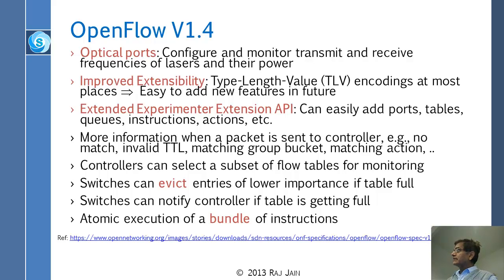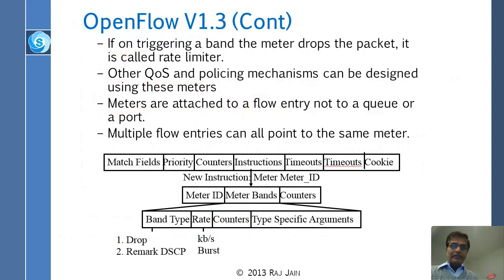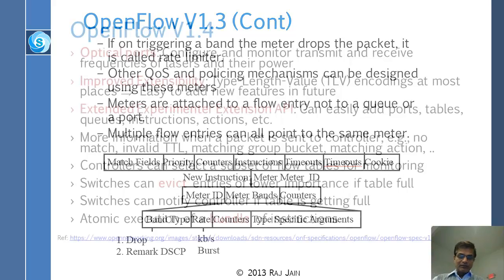The controller can select a subset of the flow tables for monitoring. Switches can evict entries of lower importance if the table is full. So that's another thing. You saw in the previous, here there is a priority field. Actually, the priority field is used so that if you match 2 entries, you take the higher priority one. So I should probably go back again.